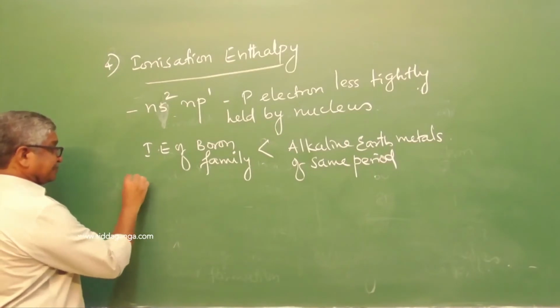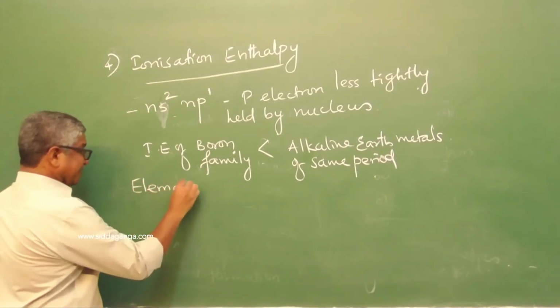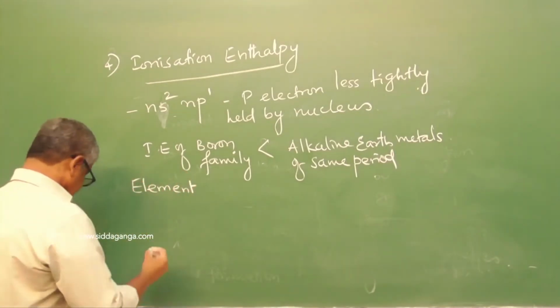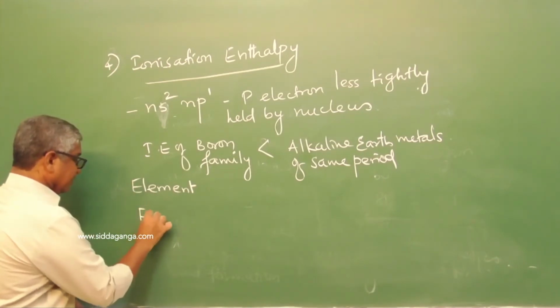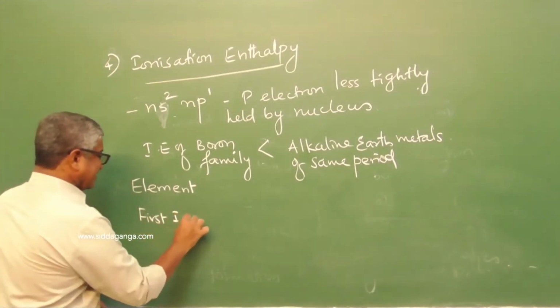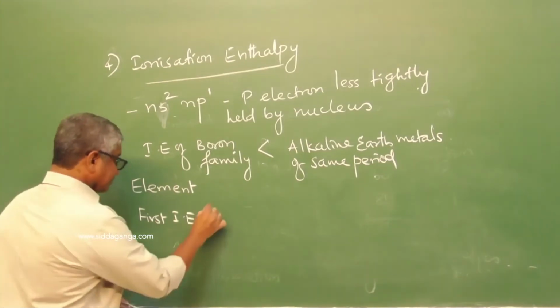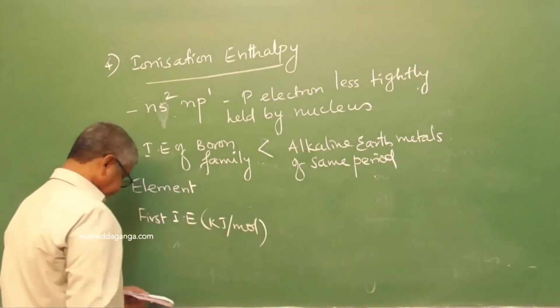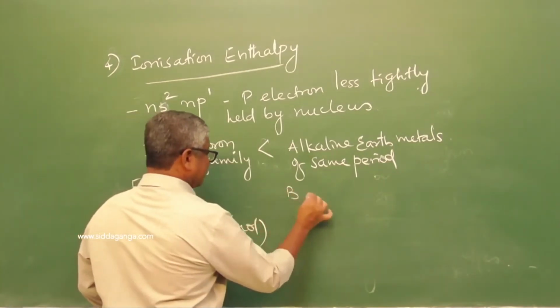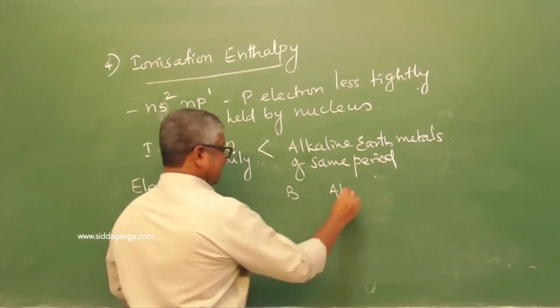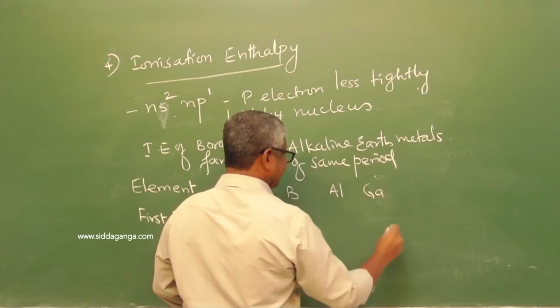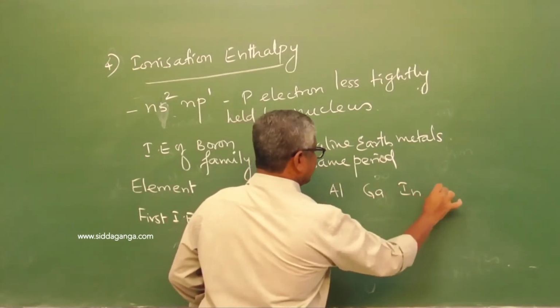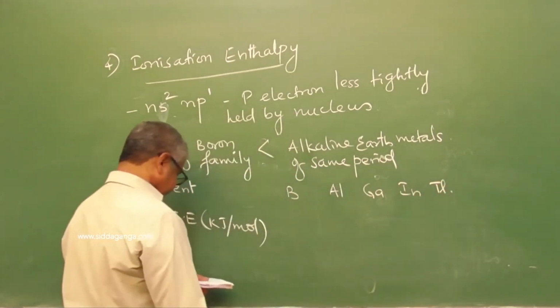Examples: element and first ionization energy in kilojoules per mole. Elements: boron, aluminum, gallium, indium and thallium.